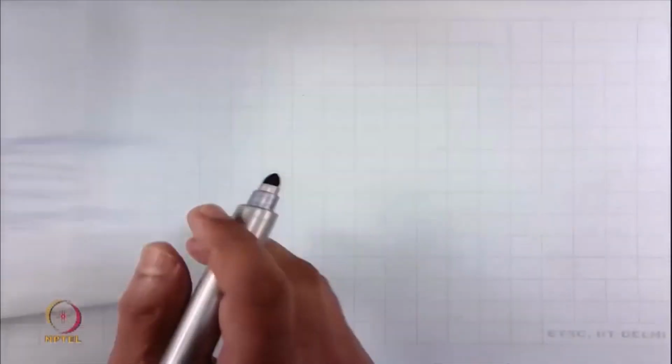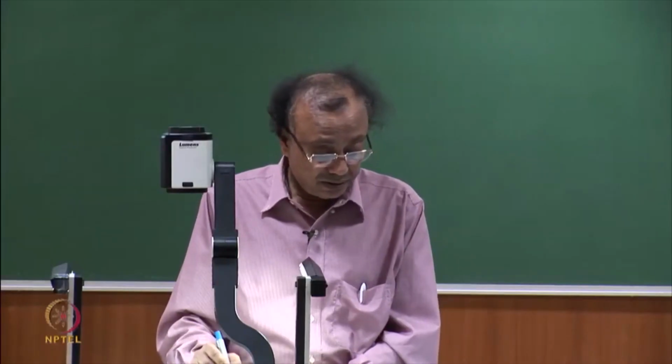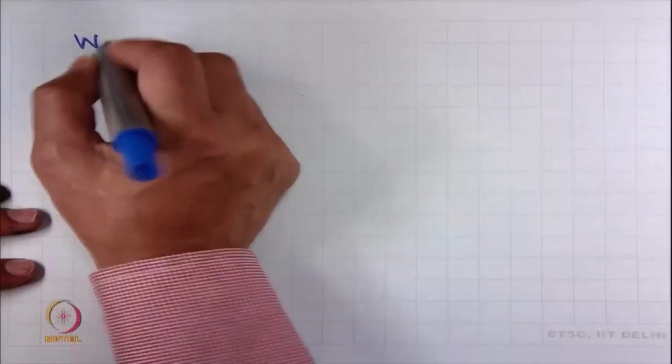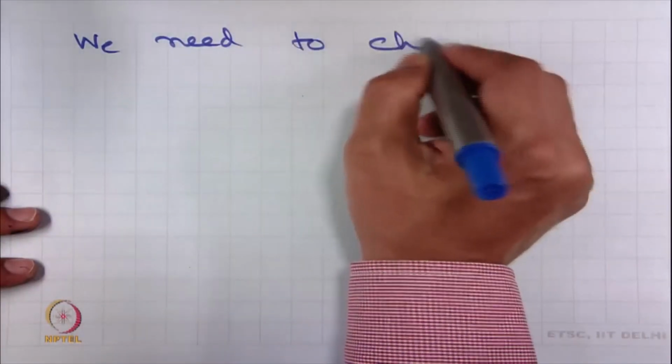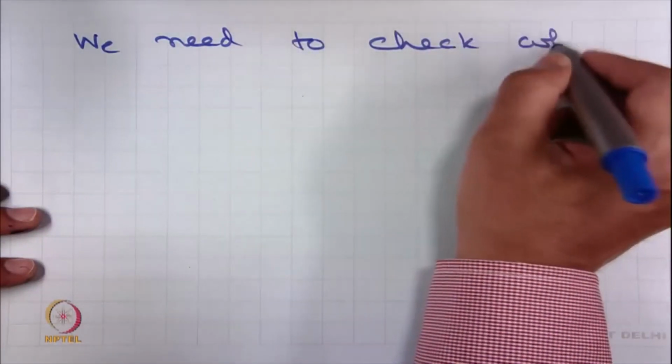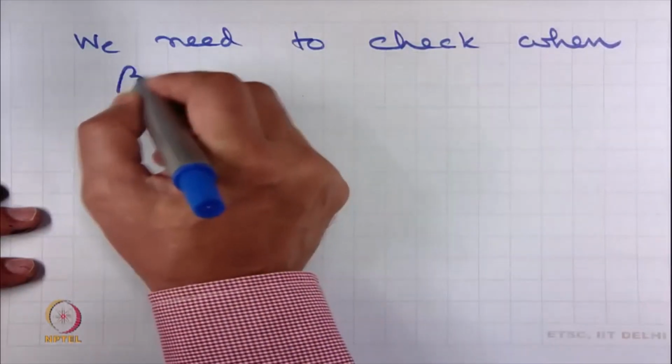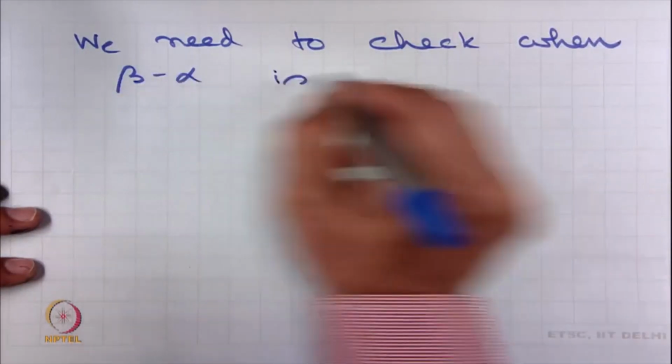What we can do is the following: we need to check when beta minus alpha is minimum.